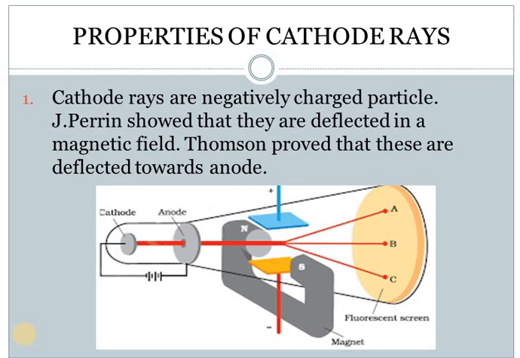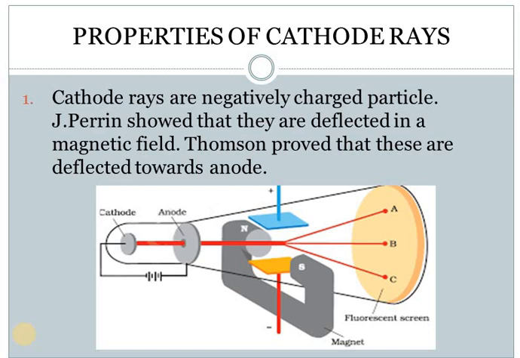J. Perrin worked on the magnetic field and he saw that if we pass the cathode rays or the electrons from the discharge tube through the magnetic field, the magnetic field has a certain effect, or they show deflection on the cathode rays in such a way that all the cathode rays go and strike the point C on the fluorescent screen.